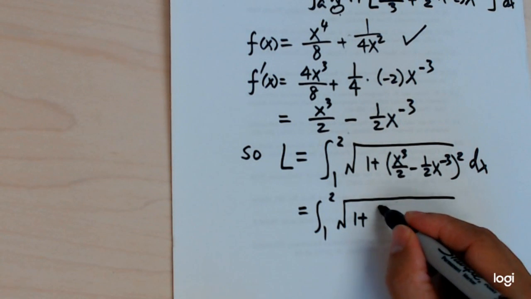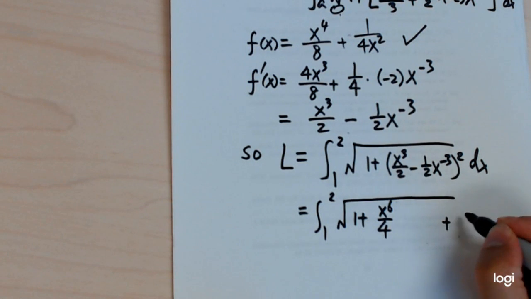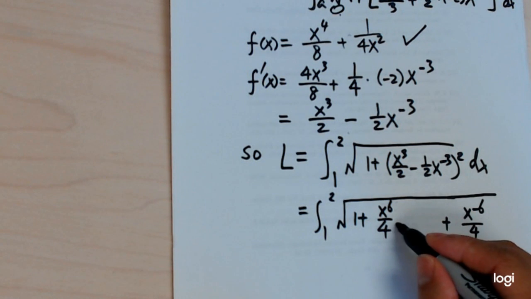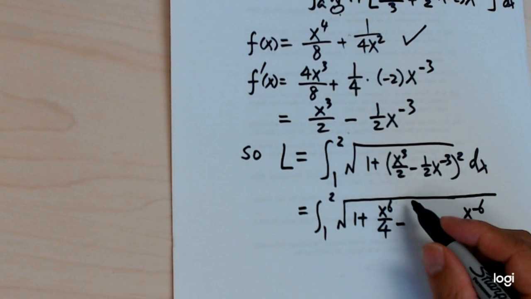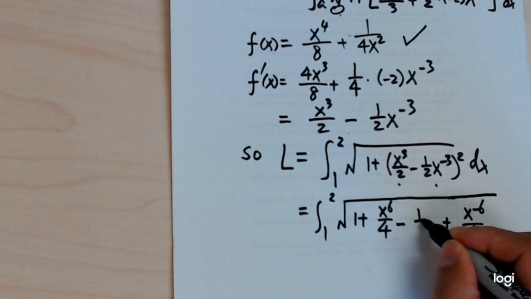Square this out. The last one is plus x to the -6 over 4. Alright, so the number in the middle turns out to be minus 2 times this one and then this one, which turns out to be -1/2, okay, -1/2.